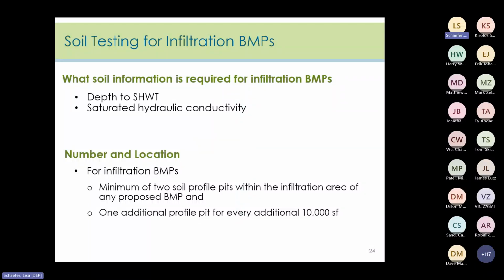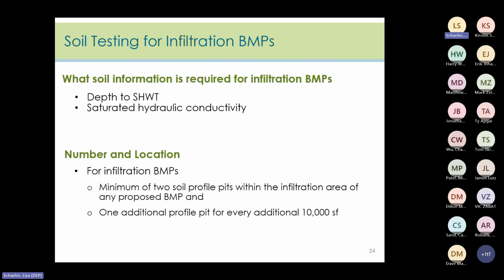Testing for BMPs with underdrains was discussed back on slide 16 or so. Let's first look at the number of soil profile pits and soil boring requirements for any infiltration BMP, and that's in subsection 2A of chapter 12.